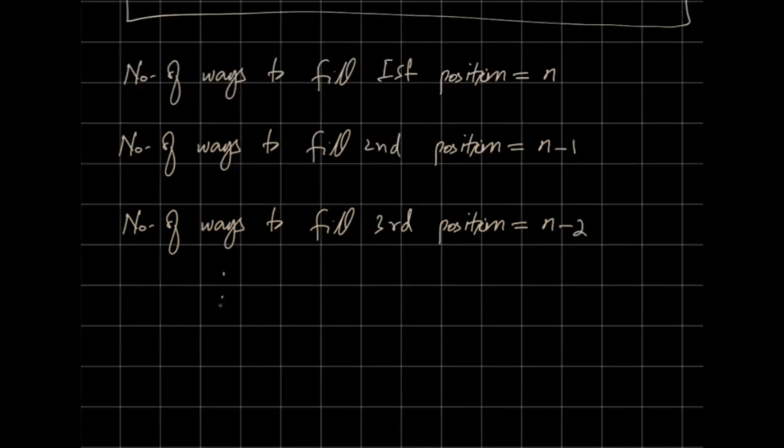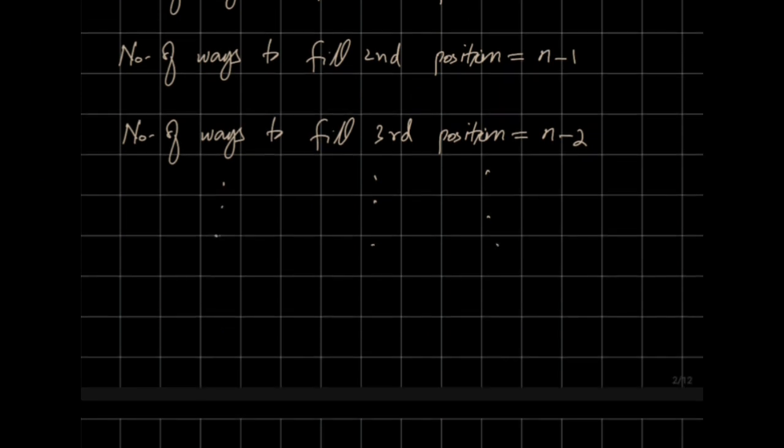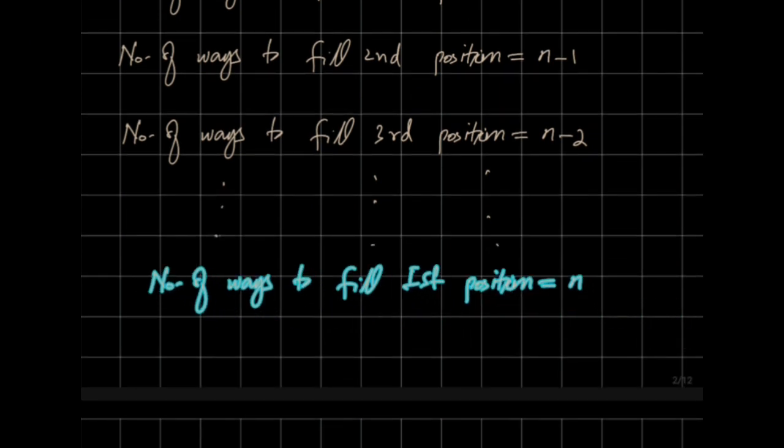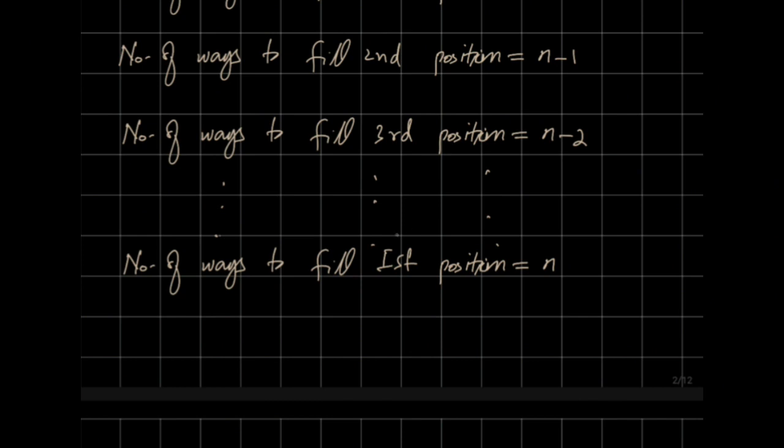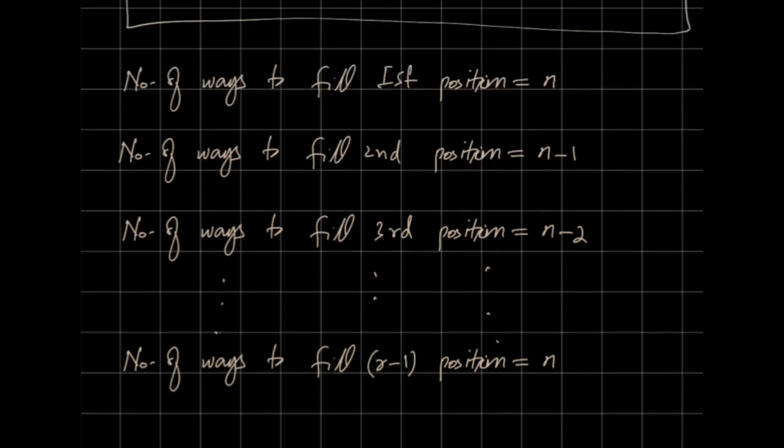If we carry on this step, number of ways to fill r minus 1th position. Look at this. For the first position, number of ways are n. For the second position, number of ways are n minus 1.